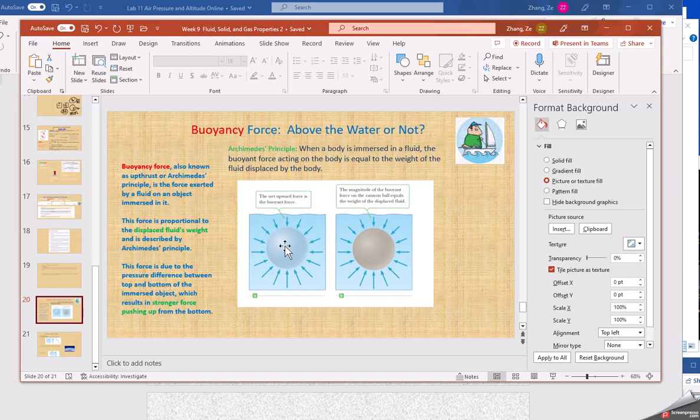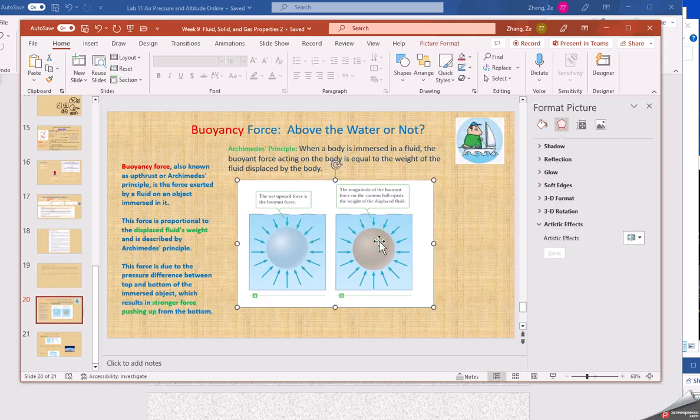But now, if you replace it on the right with a cannonball, which is much heavier than the same size ball of water, you still get the floating force, but it cannot cancel the weight, and it will go down.